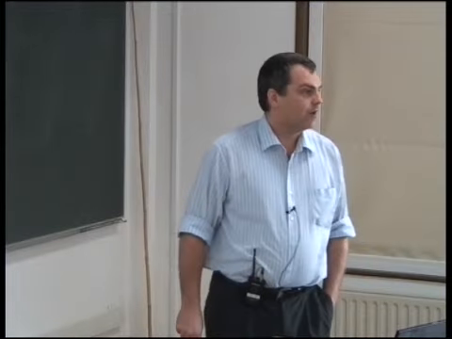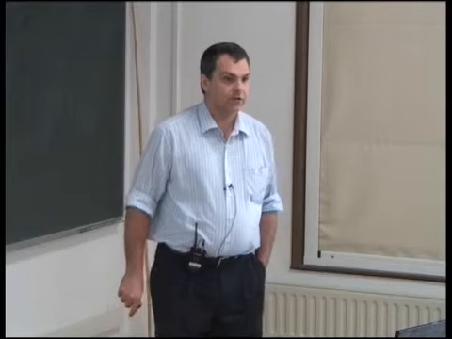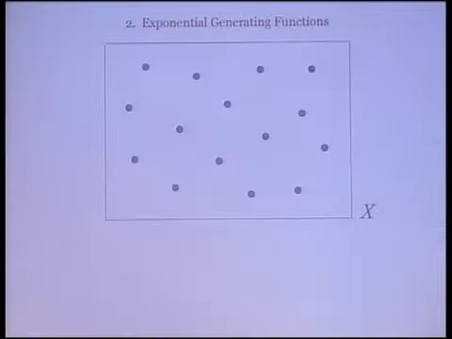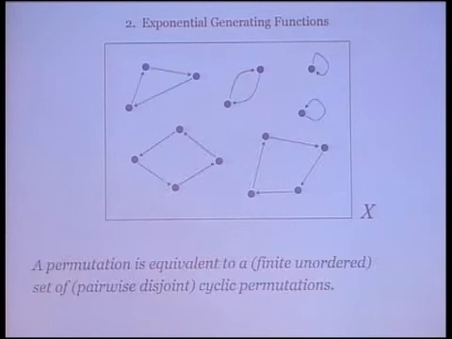So now I want to start thinking in pictures. Here's my set X. You might think of it as the numbers 1 up to 15. They're labeled, but I've suppressed the names of the points. So a permutation is equivalent to a set of cyclic permutations.